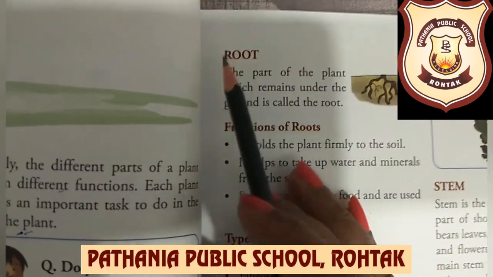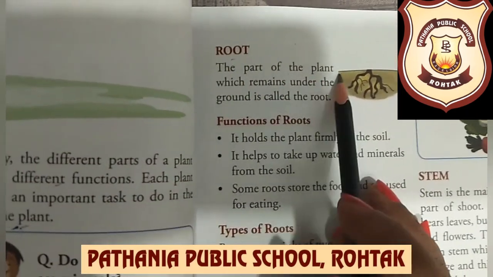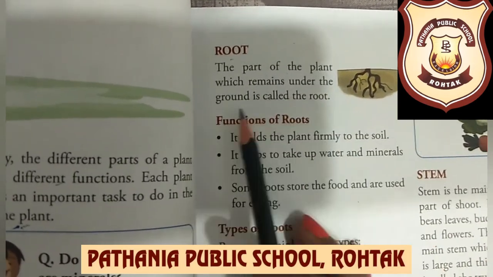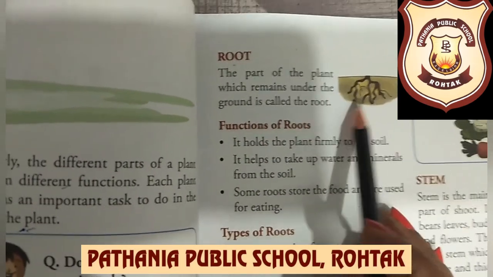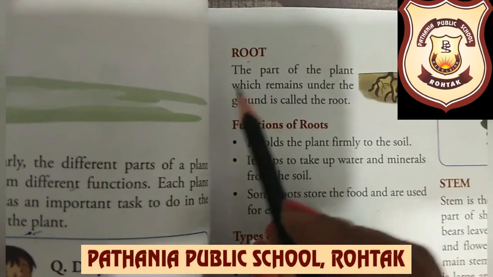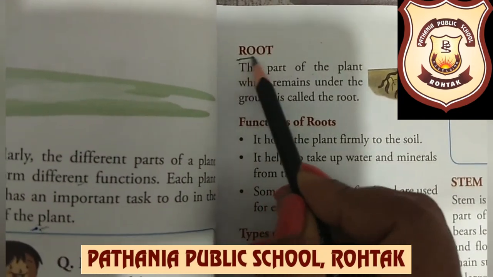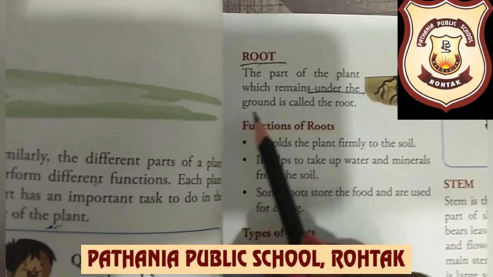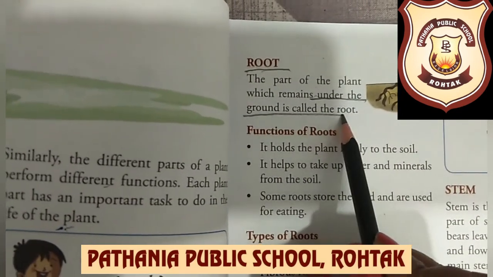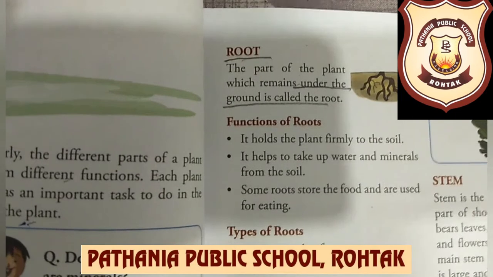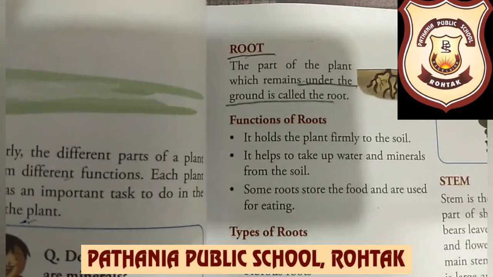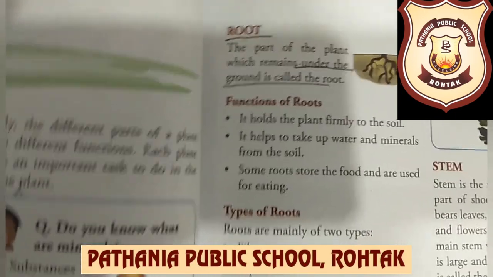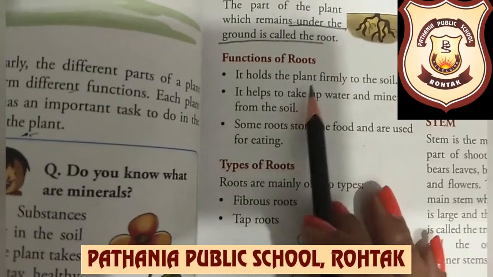First part of the plant is root. The part of the plant which remains under the ground is called the root. Beta, this is the important thing, that root is that part of the plant which works under the ground. If I ask you which part of the plant works under the ground, then the answer will be root. Now, what are the functions of roots?